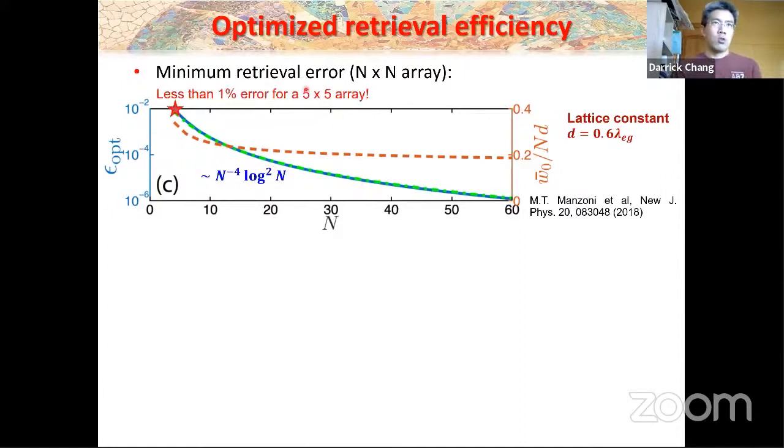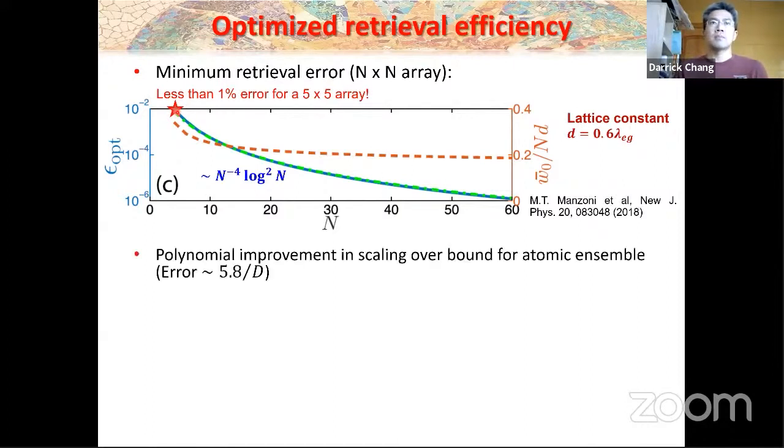And maybe one remarkable thing to point out is that if I just create a small 5 by 5 array, in principle, that system can already sustain a quantum memory with an error of less than 1%. So this 1 over n to the 4 scaling is also remarkable because it represents a pretty strong polynomial improvement in scaling over the textbook error bounds that I presented earlier.